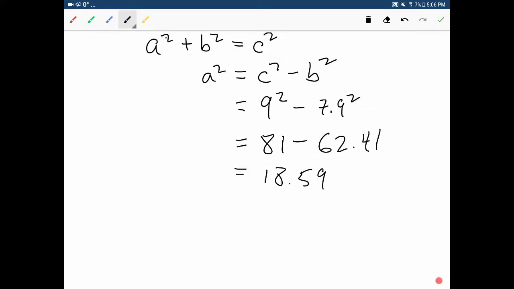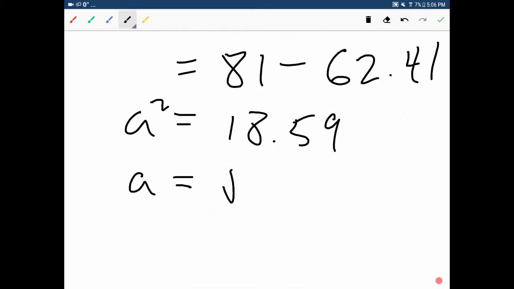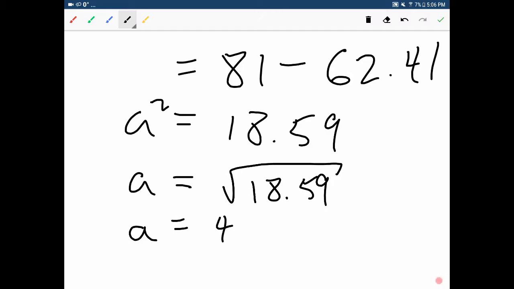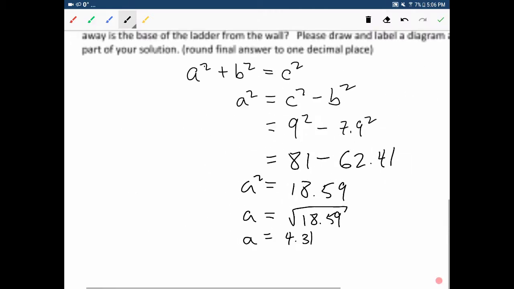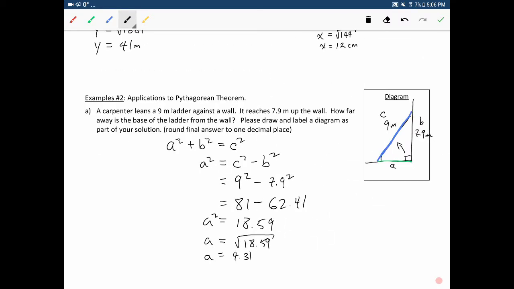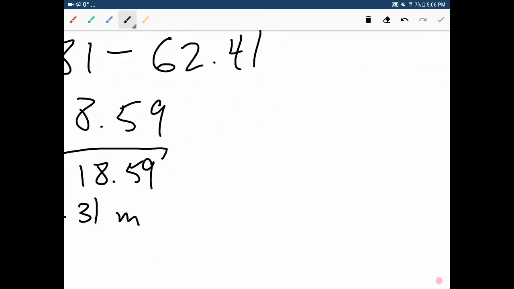And once again, we are not looking for A squared, which is what that equals. We're looking for A. So to find A, we're going to have to find the square root of 18.59. If you can do that one in your head, I will be very impressed. I had to use a calculator to find that it was 4.31.